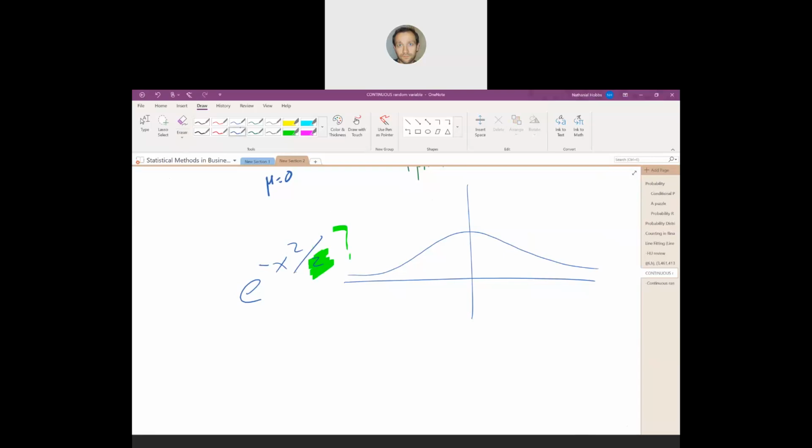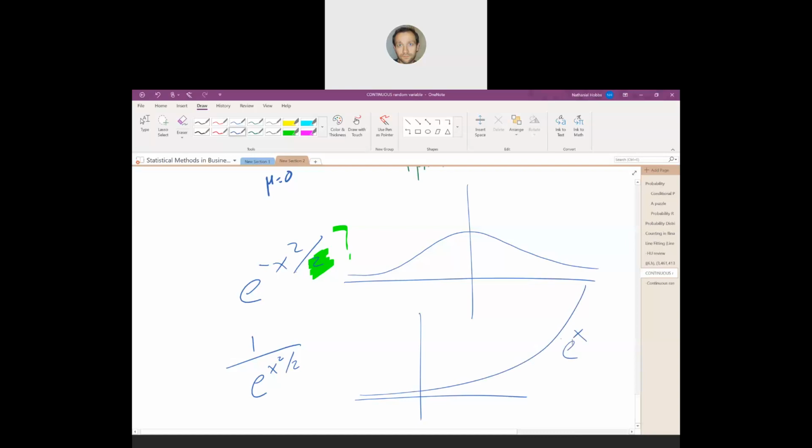So, you can think about this as e to the x squared over 2. By dividing by 2 here, that makes this exponent smaller, and therefore raising e to that power, raising e to a smaller power, is a bigger number, because e looks like this.